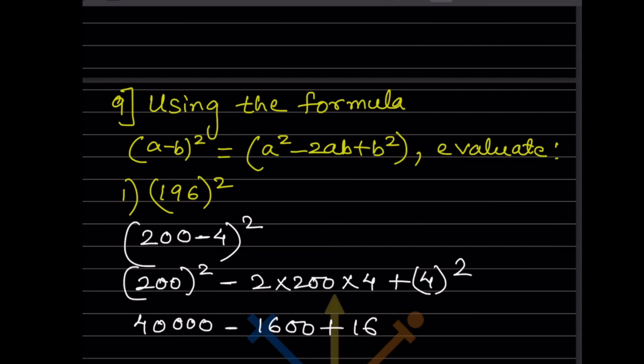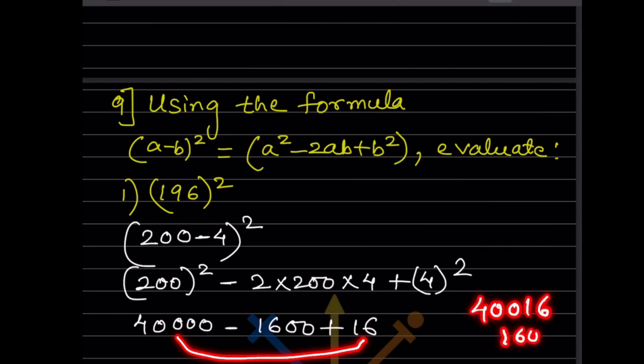So this is going to be 40,000. Now this we can add together. That is going to be 40,016, and from there you are going to subtract 1600. So your answer is going to be 38416.